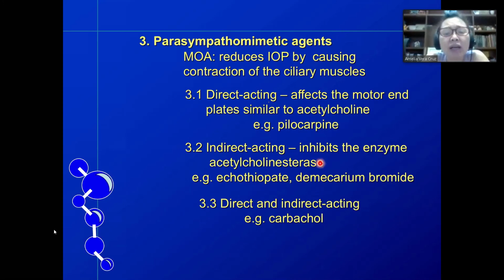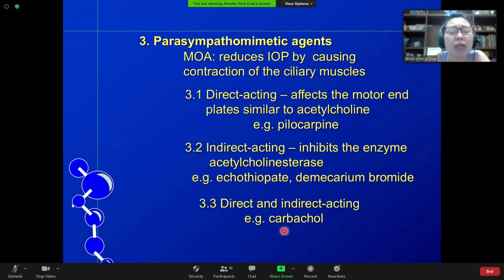Your indirect acting ones inhibit your acetylcholinesterase; ito mga hindi natin ginagamit dito. Ang ginagamit lang sa Pilipinas is topical na pilocarpine at saka carbachol, which we usually use during cataract surgery to constrict the pupil.